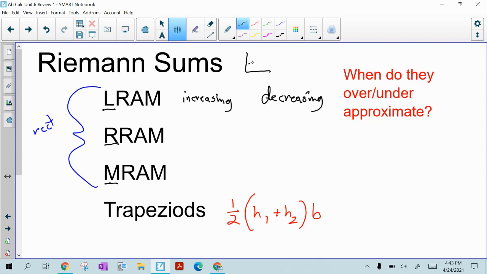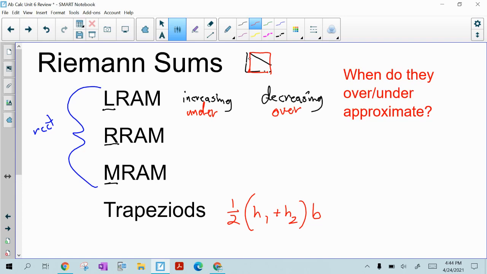If I've got a function that's increasing and I'm using LRAM, that means it's going to underestimate. Whereas if it is decreasing, let me switch that back, if I have a function that is decreasing and I use the LRAM technique, that one is going to overestimate.